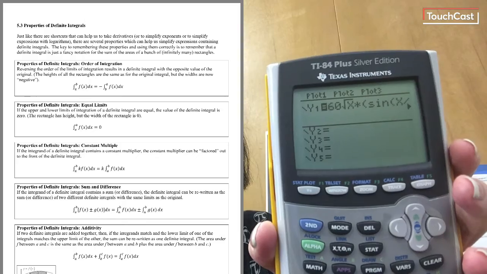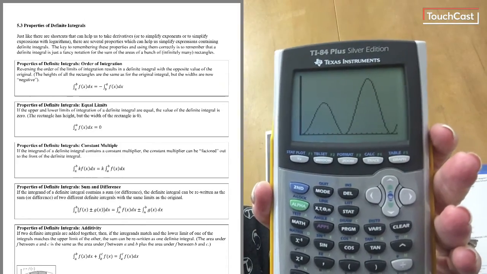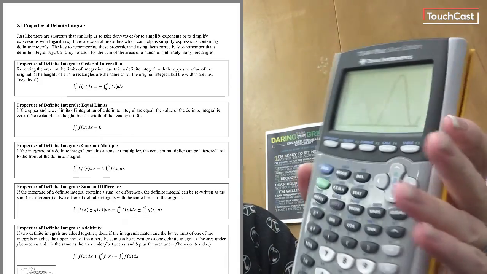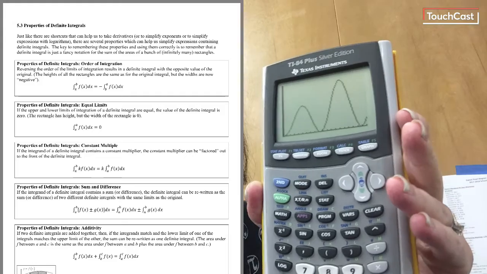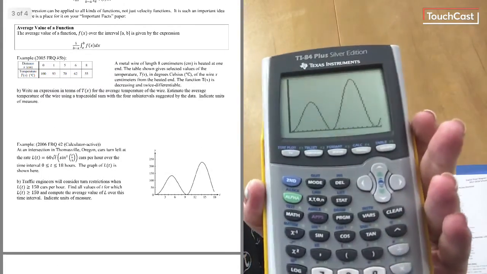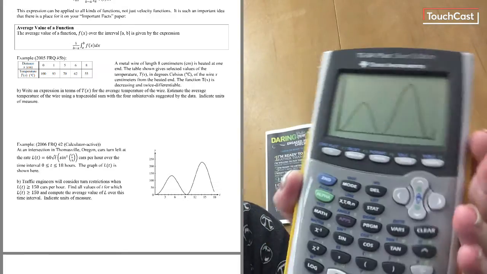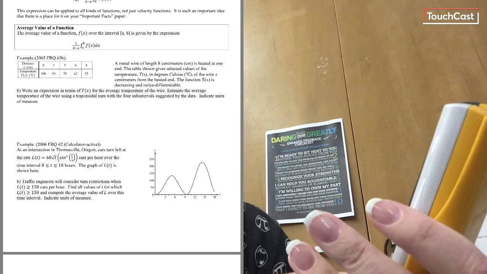All right, so I've typed that function in, and I've set my window so that it looks like the graph. Let's get the problem up here. I want to know where this graph crosses the line y equals 150.